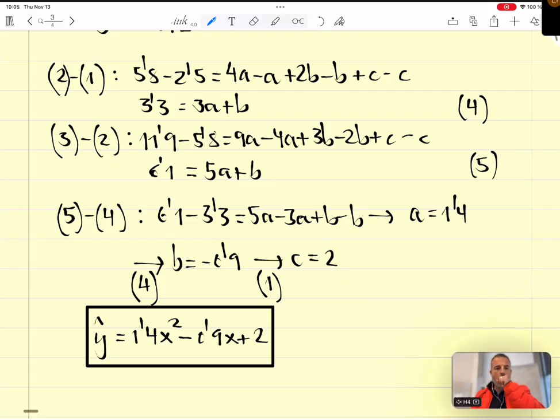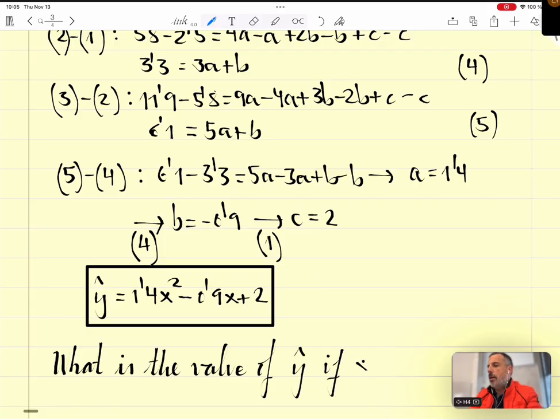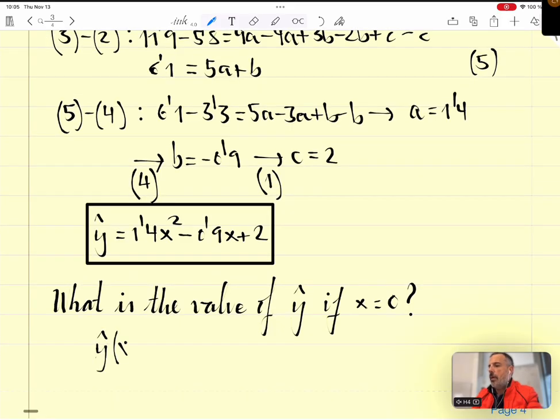So, what is the value of y predicted if x equals 0, okay? Y predicted for x equals 0 is 2. All right.